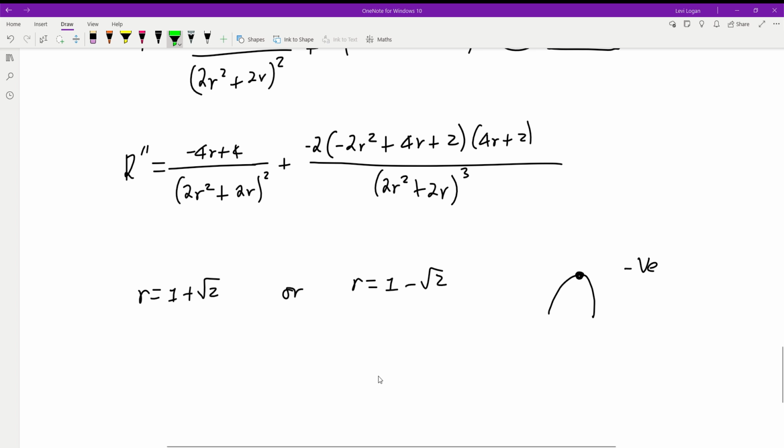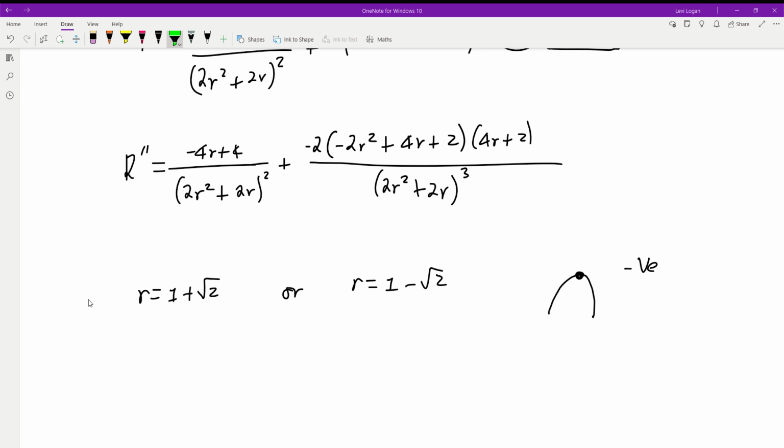On 2r squared plus 2r squared plus. Right, write that down and shove that in the calculator pretty much. Okay, so if I go to the calculator and I go enter, so what was it? 1 plus the square root of 2. And what I want to do is substitute that in.